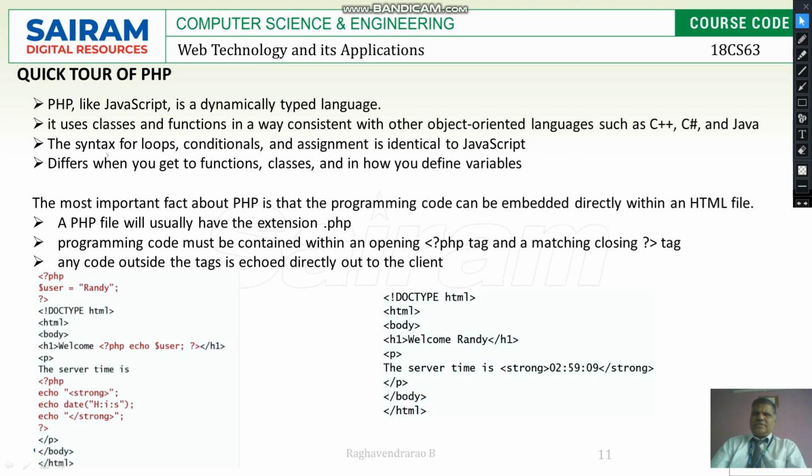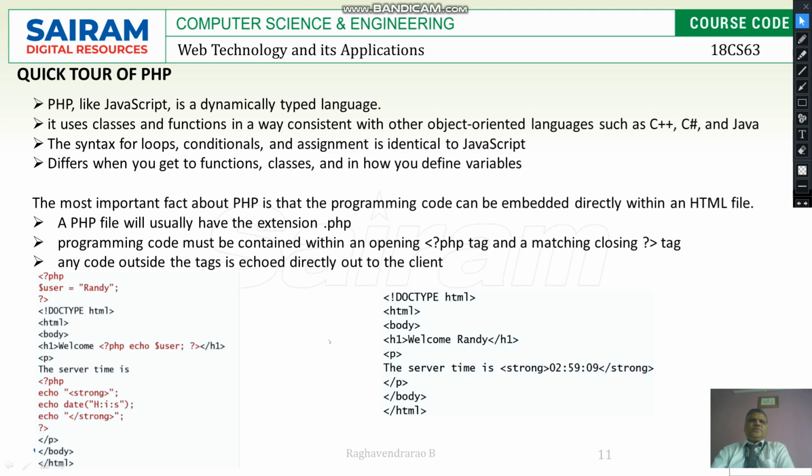The syntaxes are similar: loops, conditions, and assignments are similar to JavaScript. It differs when you get to functions and classes, and in defining variables. Other than that, everything is the same.